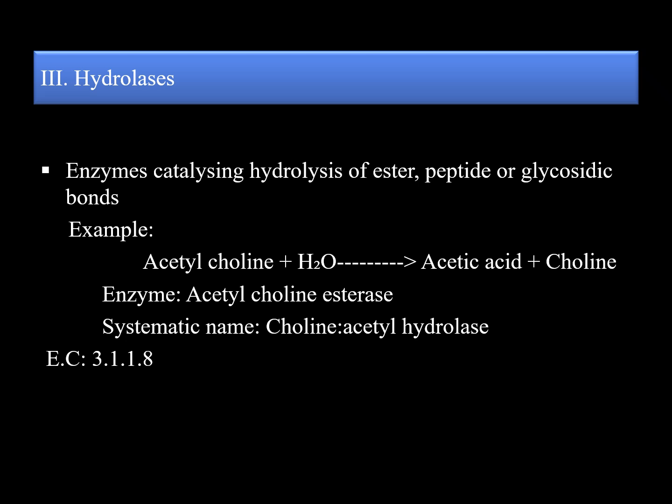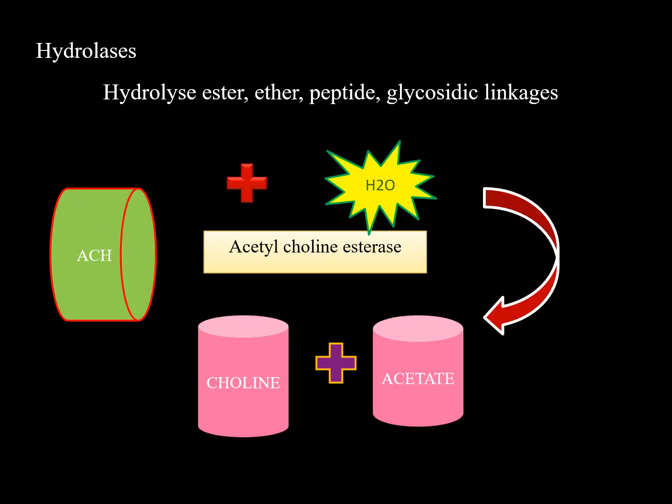For example, when we digest food, enzymes break down carbohydrates, proteins, and fats mainly through hydrolysis reactions. Hydrolases include enzymes like amylase for starch, lipase for fat, and proteases for protein.